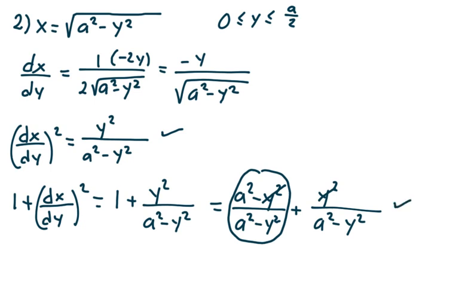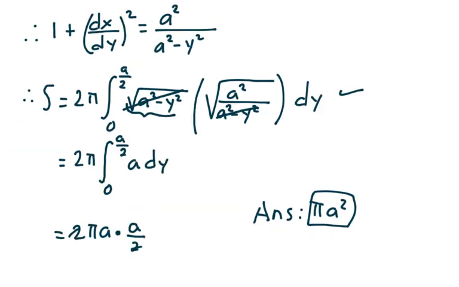And notice how these y squared terms end up canceling. What we're left with is 1 plus (dx/dy) squared is equal to a squared over a squared minus y squared. Now, plugging this in, we also don't want to forget x is the square root of a squared minus y squared.